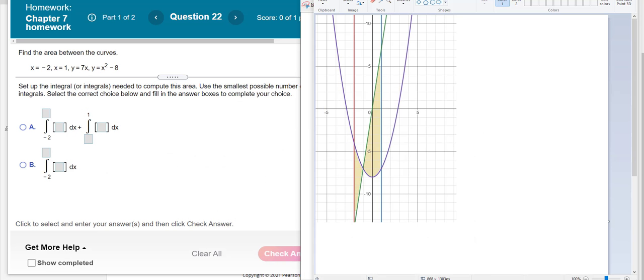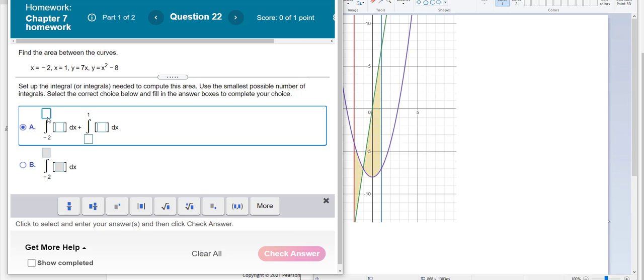All right, so it's going to be set up in 2 integrals this time, because it's 2 pieces. Visually, you can actually see that. So if you needed to find this point, what you would do is set these 2 curves equal to each other and solve it, and that would be that point right there, x is -1. But we know it's going to go from -2 to -1 because we have a visual of it.